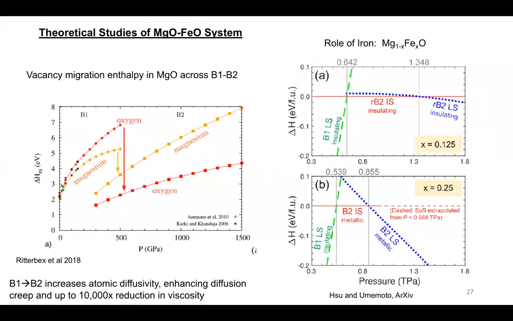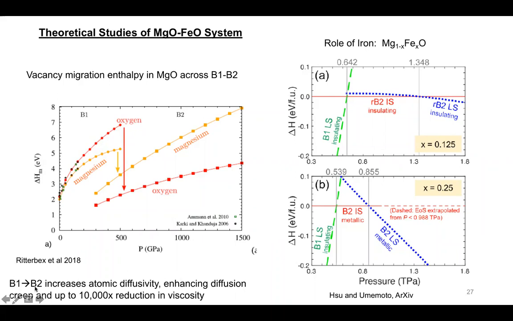The first is a theoretical calculation that was done by Sebastian Ritterbeck out of the Lille group. And he studied atomic diffusivity and the migration of vacancies in MgO, just pure MgO, across the B1, B2 phase transition. And so, for instance, the migration enthalpy of a vacancy for oxygen drastically declines across the B1, B2 phase transition, as does magnesium.